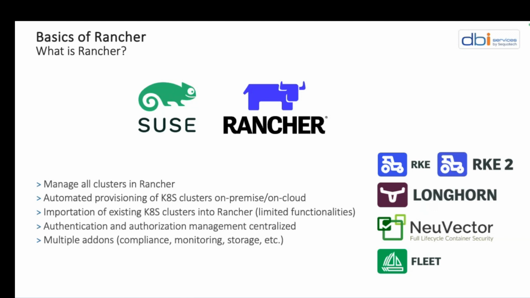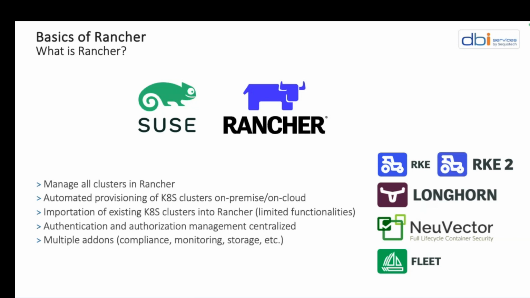From Rancher, there is also something called app catalogs, which simplify the installation of additional components. For example, NeuVector. You can also install some monitoring stack, Longhorn. Everything is installed with Helm. Also, there is something really nice about Rancher.